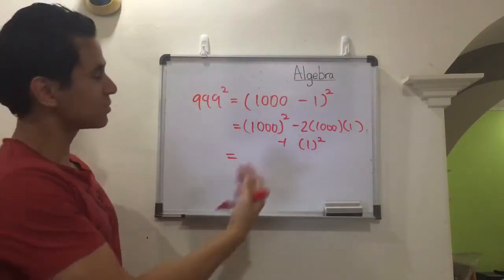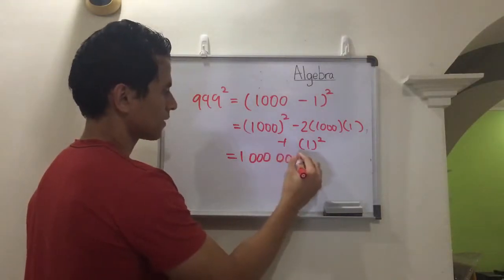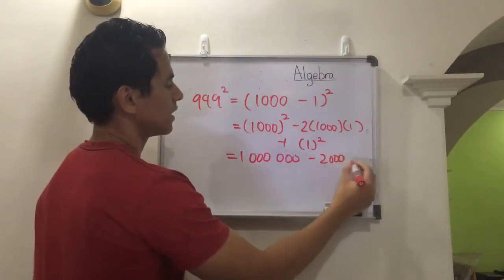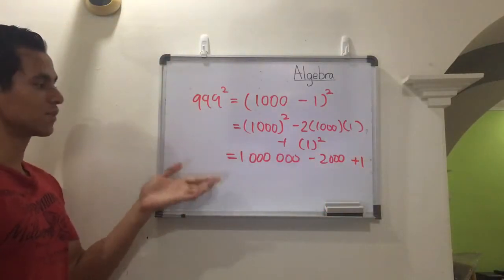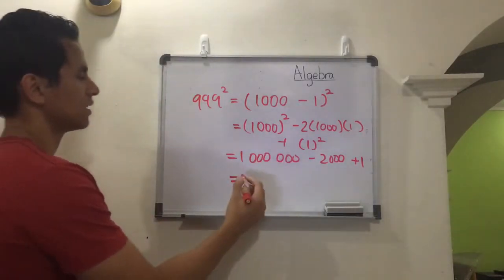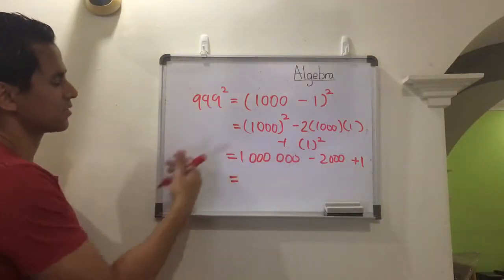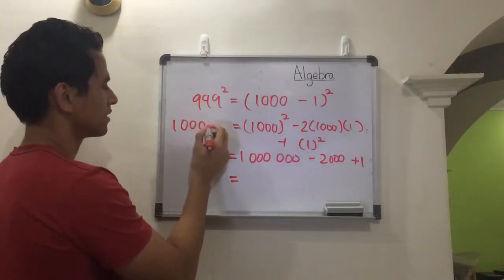Hence, now just simplify this, will give us 1 million, and this will give us 2000 minus 2000, and this will be plus 1. Okay, and then we go about solving this. So this just gives us, okay, this is also slightly complicated, so let me just use some workings here.